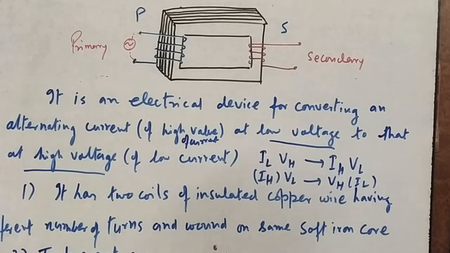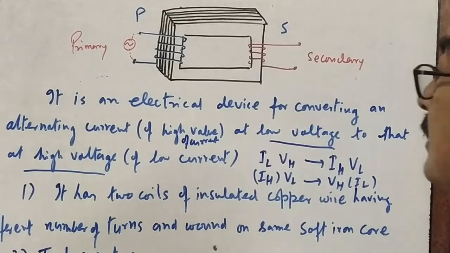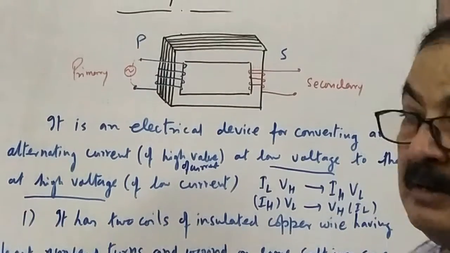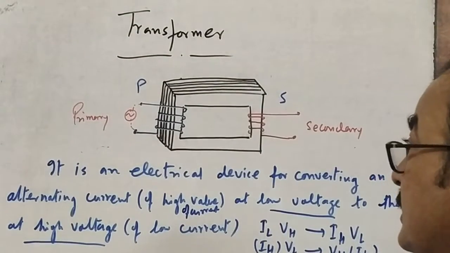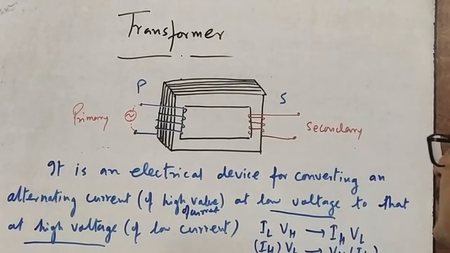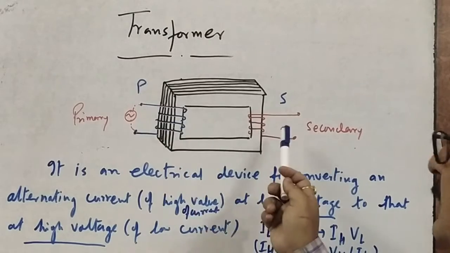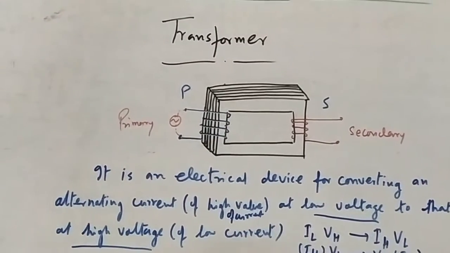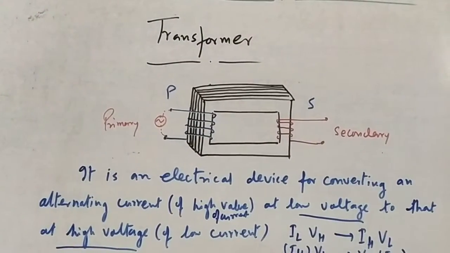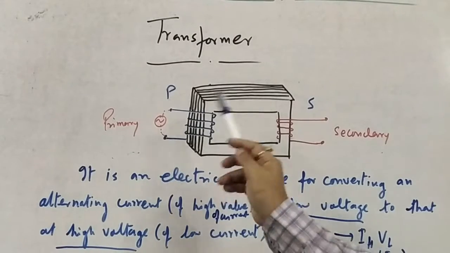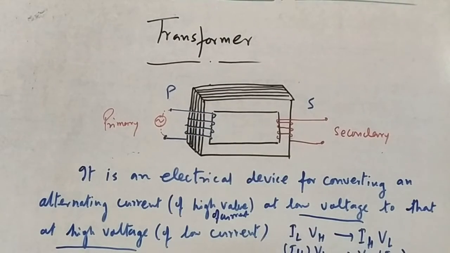How it is made, you can just see the diagram, a rough diagram is made, and here we can see that it has two coils. You can see one coil is this one, the other coil is this. It has two coils of insulated copper wire. इसे insulated copper wire का बना होता है, ये जो turns दिख रहा है, they are all insulated copper wires having different number of turns. ये बहुत जरूरी है. अगर एक ही number of turns होगा तो power distribute क्या होगा, कहाँ से एक जगह से दूसरी जगह आपको क्या ट्रांसफर करेंगे, नहीं कर पाएंगे.